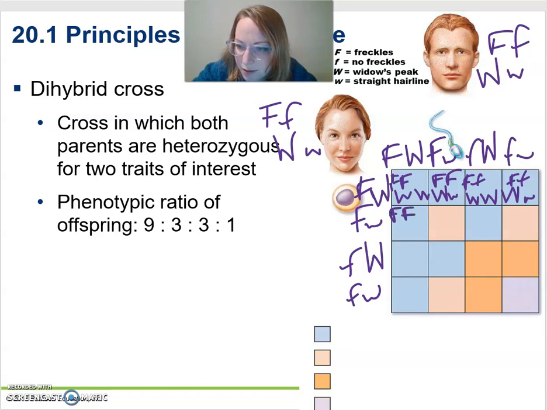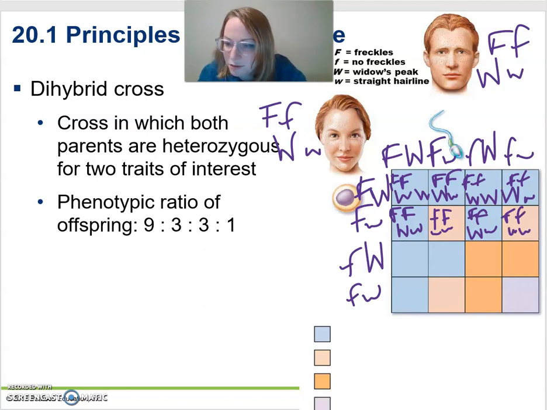F, F, W, F, F, little w, big, little, big, little, big, little, little, little. Ooh. So here we're getting some differences. So now 2 of those have straight hairlines, no widow's peak.